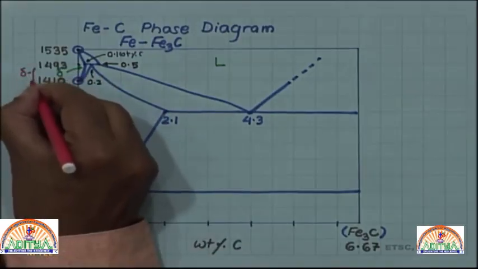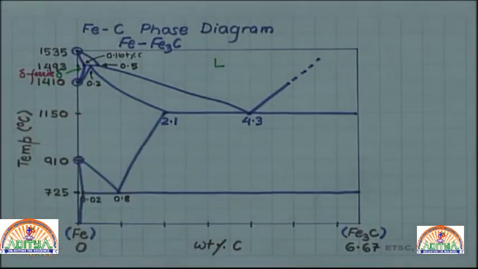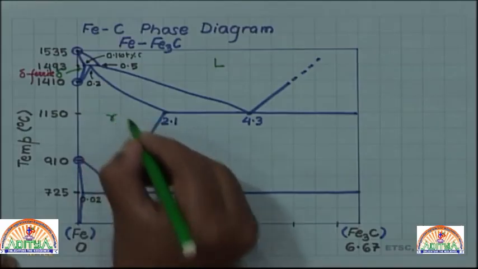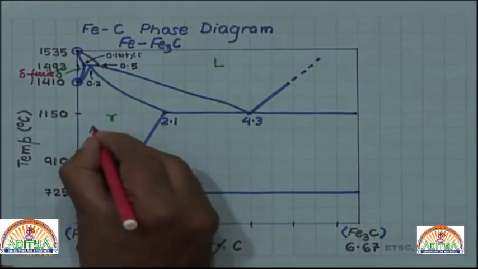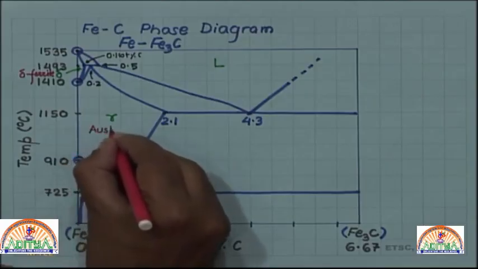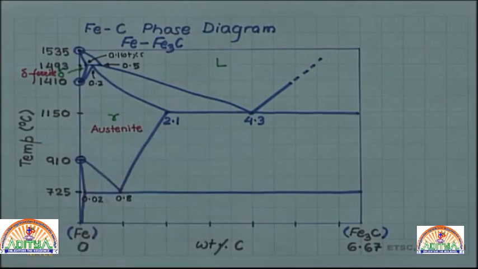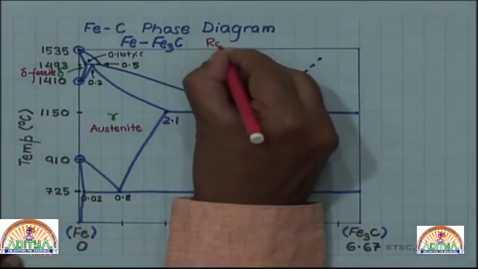Then this is a large single phase region, which we call gamma. Gamma means austenite. The one who made this diagram is Robert Austin. On behalf of his identification, we consider this large single region as austenite.